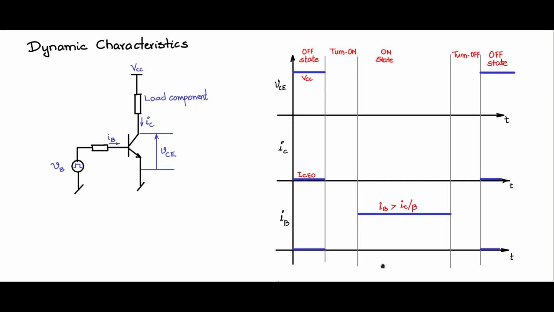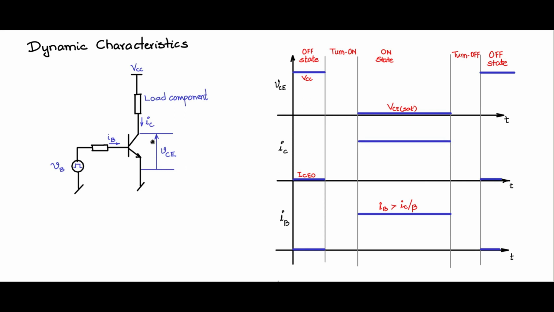So when you give such an IB, what is VC? VC will go into the on state, low voltage. There will be a very low voltage, and that voltage is called the saturation voltage, VCE sat, or VCE saturation. So that is the voltage across that one. And what is the collector current?